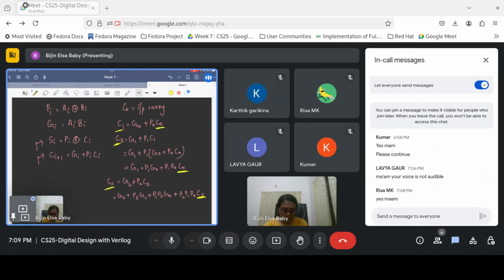For C0, C1, C2, C3, you will have AND gates, then you will have OR gates in the second stage.